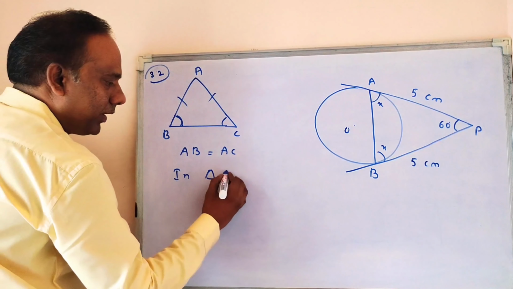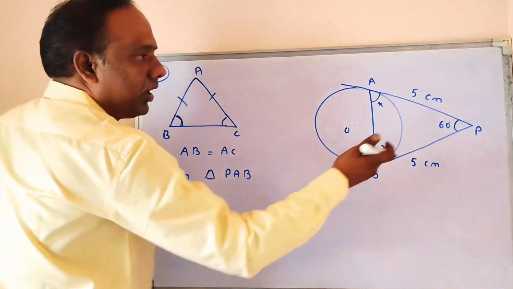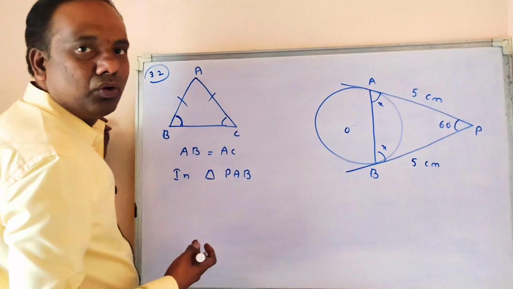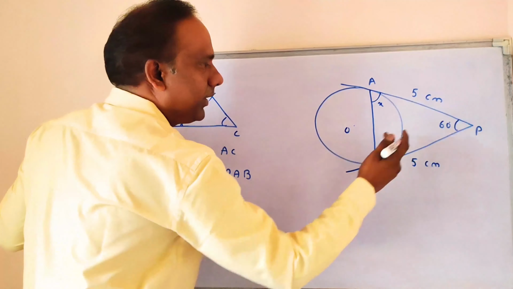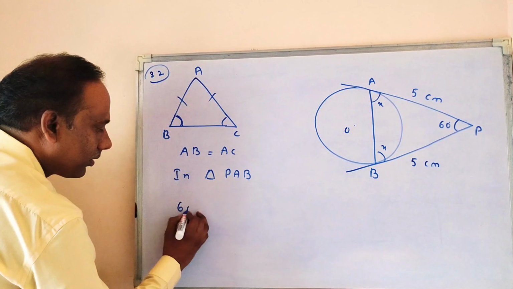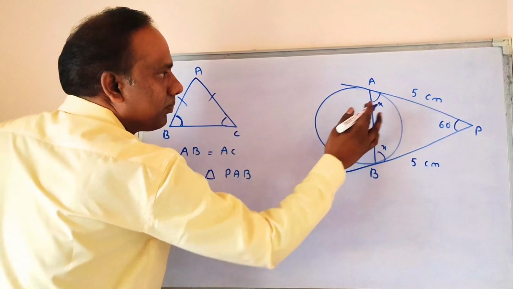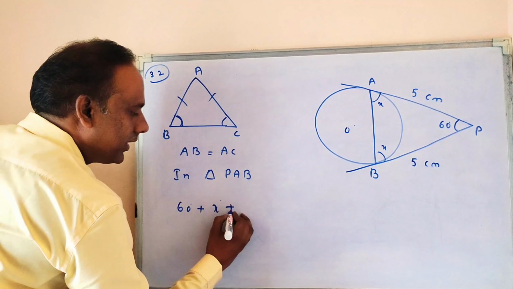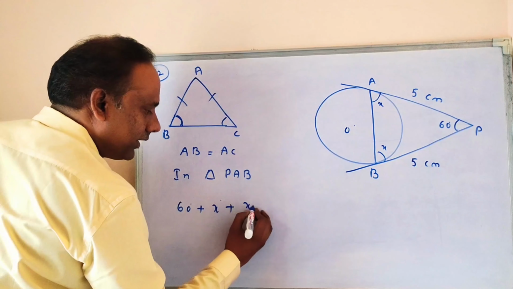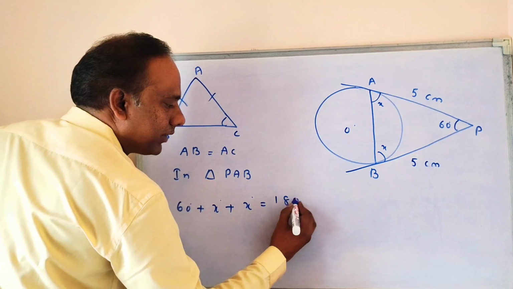In triangle PAB, the sum of the angles is equal to 180 degrees. That means 60 degrees plus x degrees plus x degrees is equal to 180.